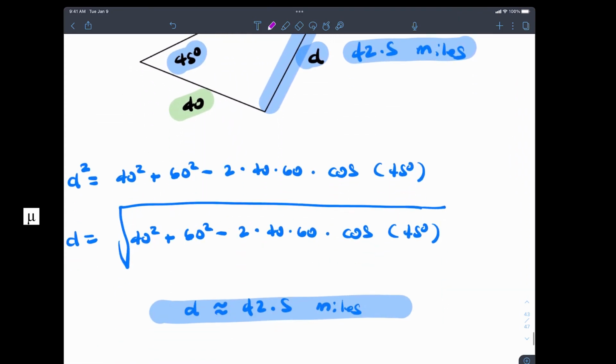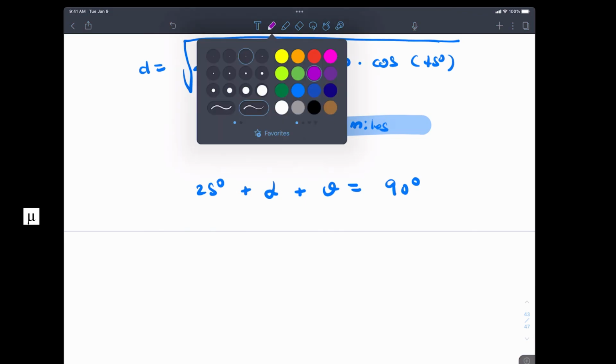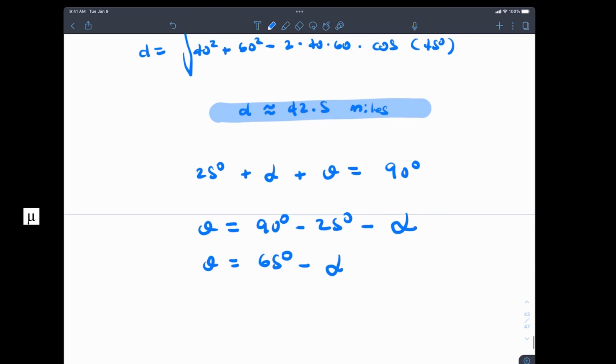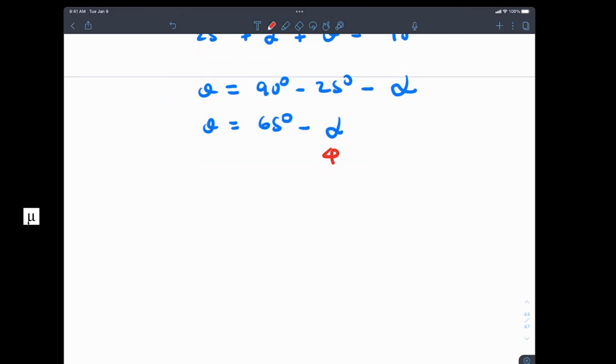So what does that mean now? What is theta going to be? Theta is 90 degrees minus 25 degrees minus that alpha. So 90 minus 25, what is that? 65 degrees minus the alpha. So this is all based on finding that by law of cosines.